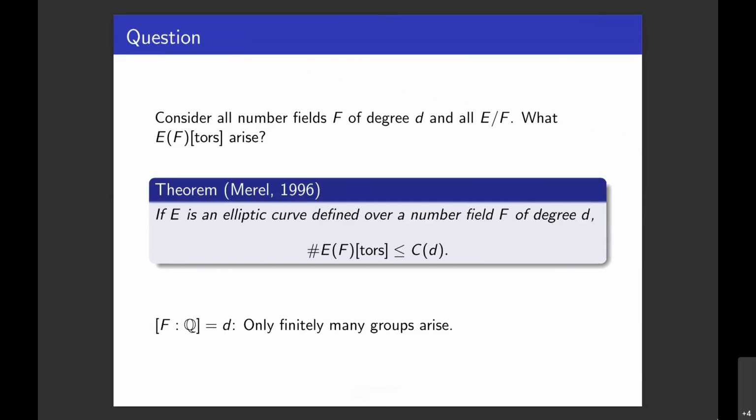So we want to extend the classification, but we're a little stuck. One way to extend the classification is to restrict the elliptic curves under consideration. There are many different ways we can do this.